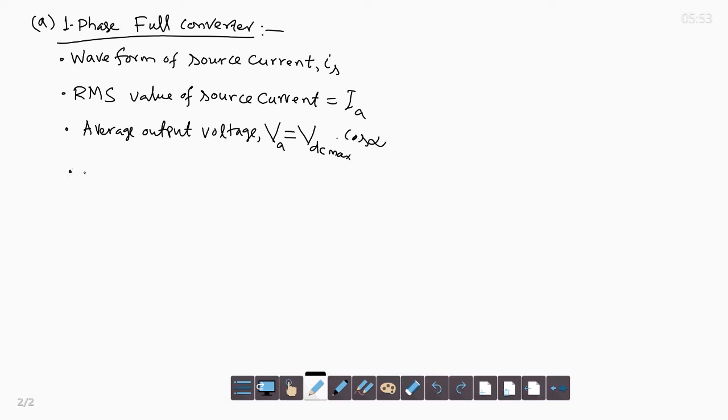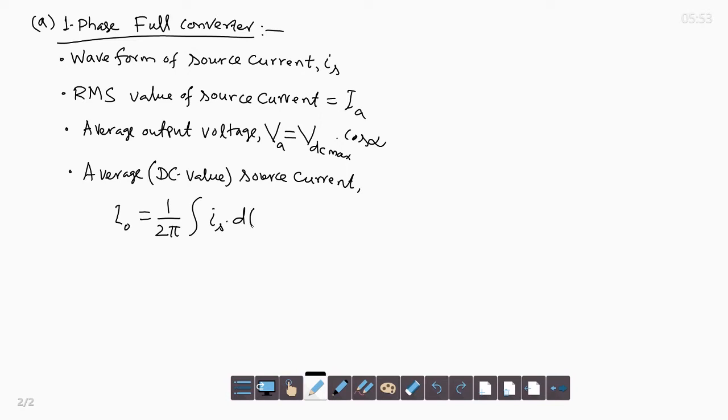Then what is the average source current? The average value of the source current, which is I0, is 1 by 2 pi integral of Is d omega t from alpha to 2 pi plus alpha. Because it is a square wave, the average value is 0.